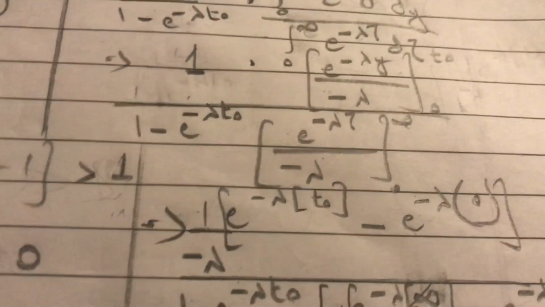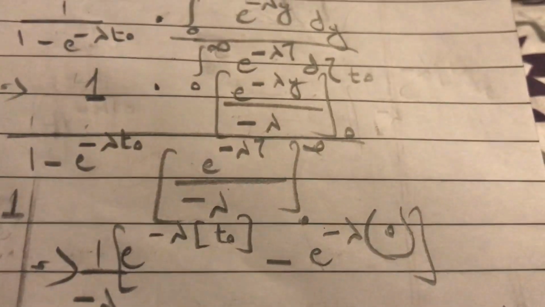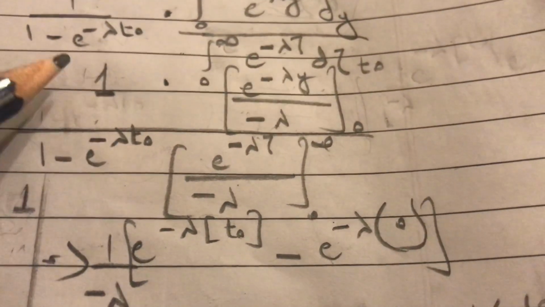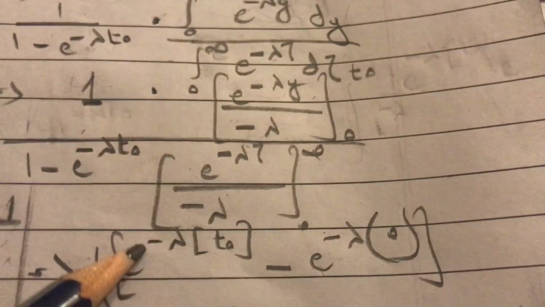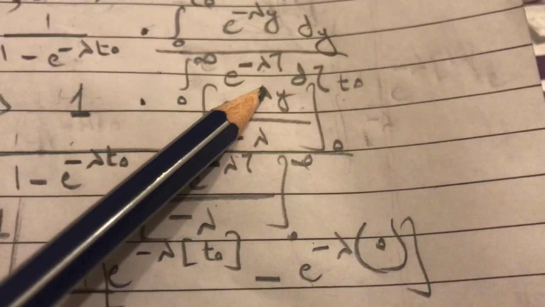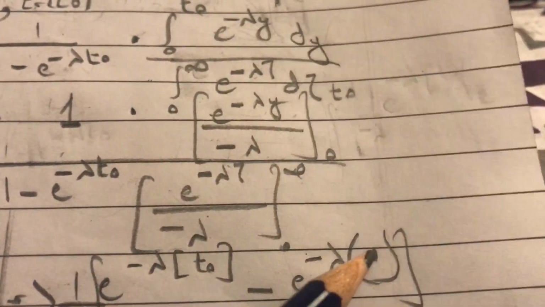And what's next now? It's just that this 1 over minus lambda comes out. This would be multiplied by 1, and e to the minus lambda, and in place of y we put t0 and the other limit of 0. So in place of y, the other limit is 0.